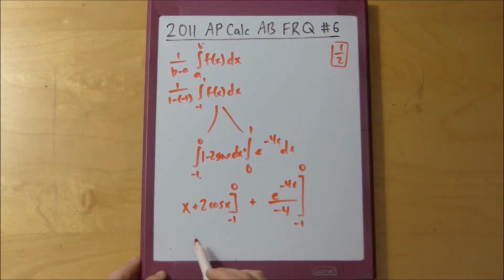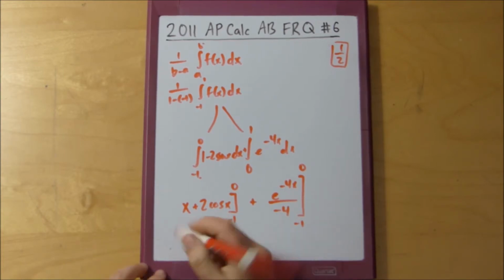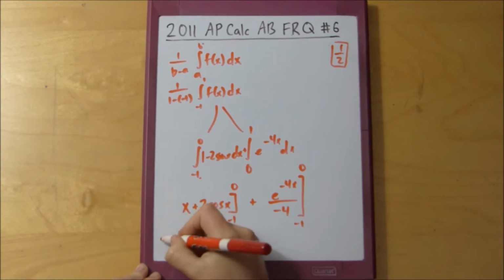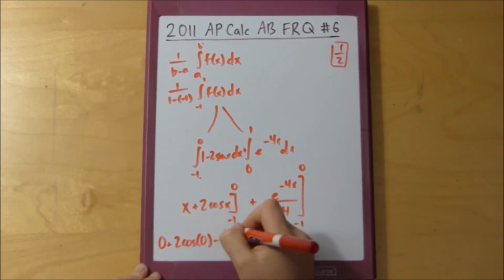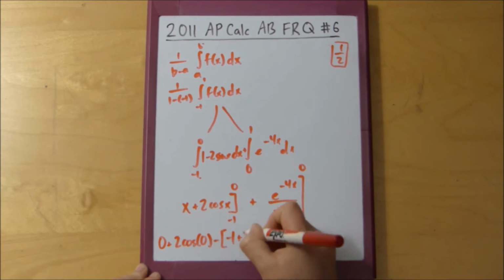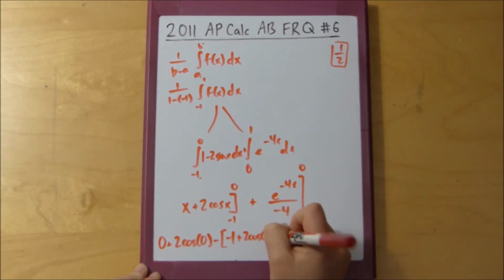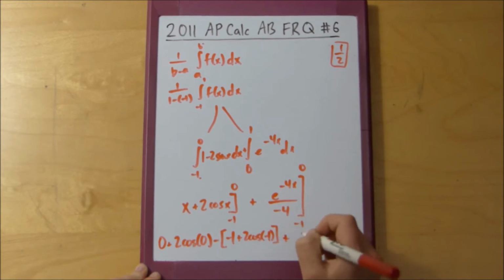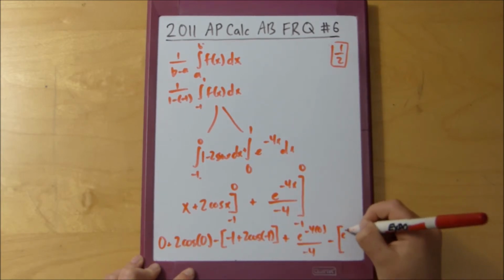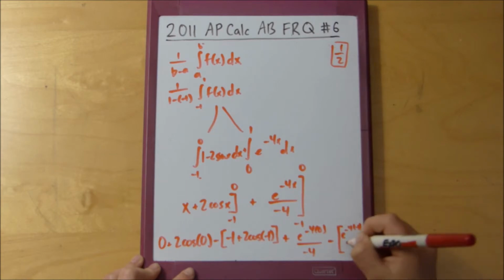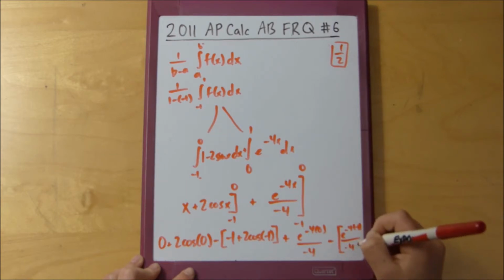I don't know if I'm going to have space up here. I'll try it. So now we just plug stuff in. 0 plus 2 cosine 0 minus negative 1 plus 2 cosine of negative 1. All of this plus e to the negative 4 times 0 all over negative 4 minus e to the negative 4 times negative 1 all over negative 4.